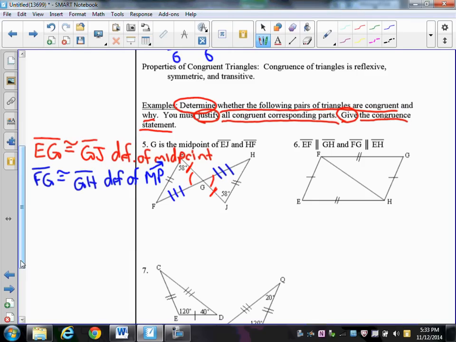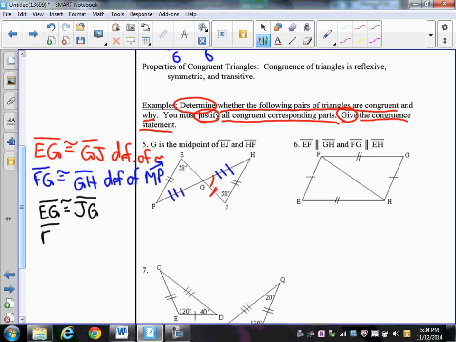So I have segment EG is congruent to segment GJ. I'll rewrite this because E is 58 and J is 58, so JG would be better notation.